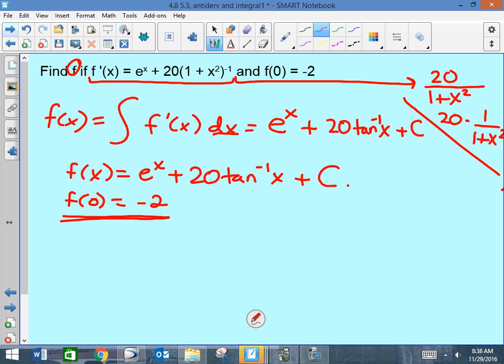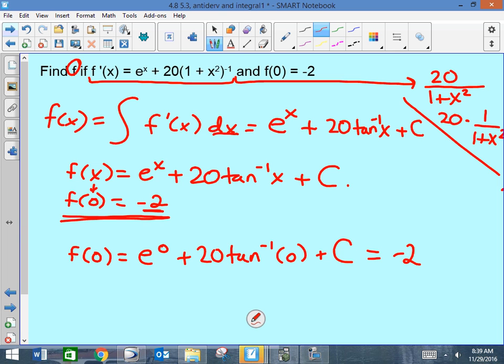Any suggestions? Plug in 0 for x. So f of 0 equals e to the 0 plus 20 inverse tangent of 0 plus c equals -2. So basically, you're going to solve that equation.